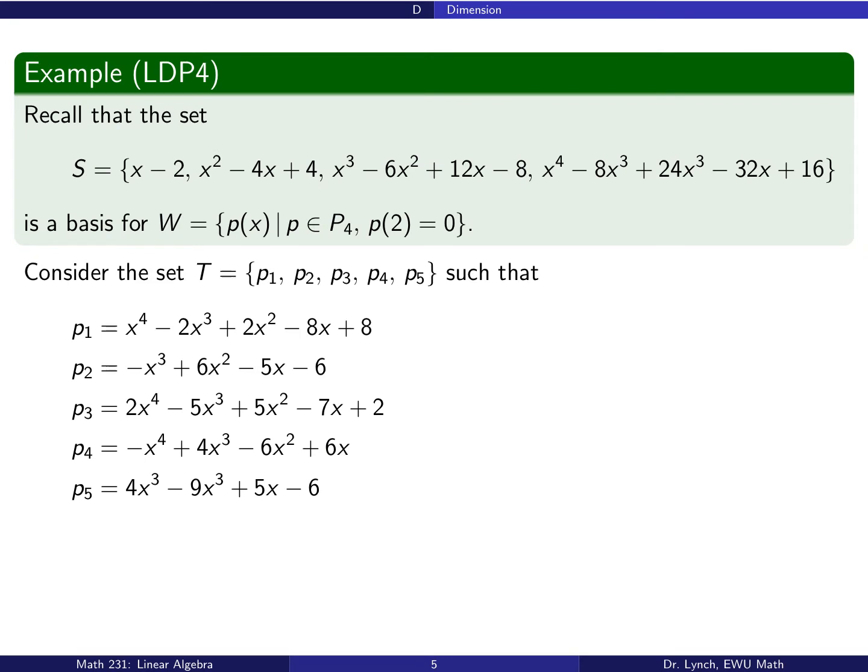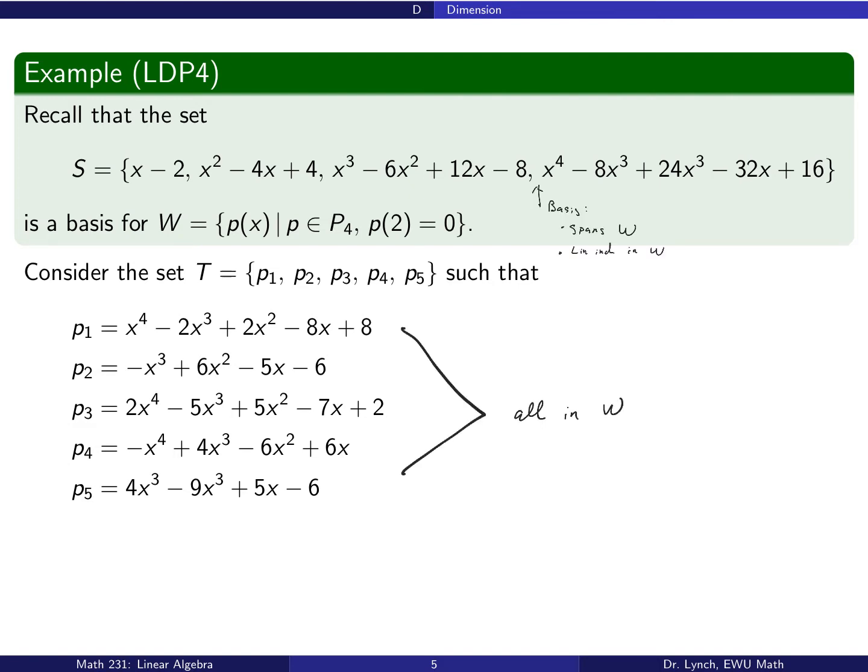Here's an example. We previously saw that this set of 4 vectors is a basis. That is, it spans and it's linearly independent in W, the set of all quartic polynomials where evaluation at 2 gives 0.